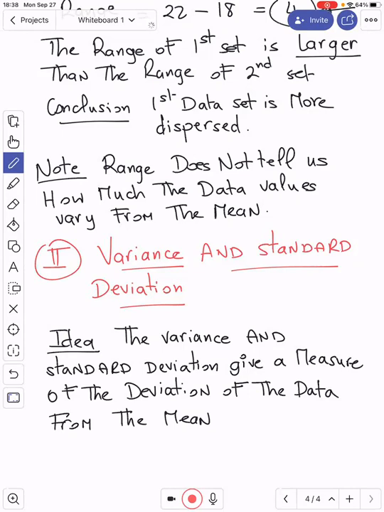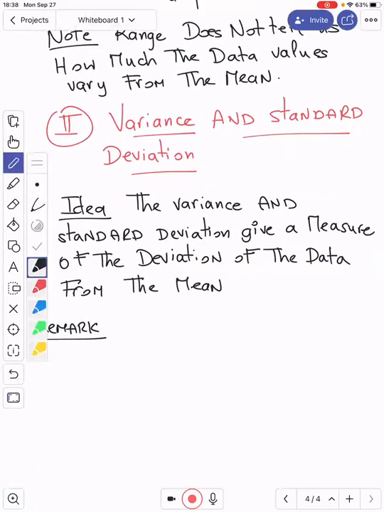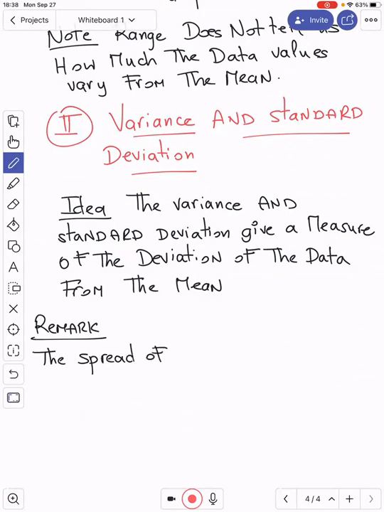But what you have to keep in mind is that the spread of the data around the mean is going to be small if the variance or the standard deviation is small.